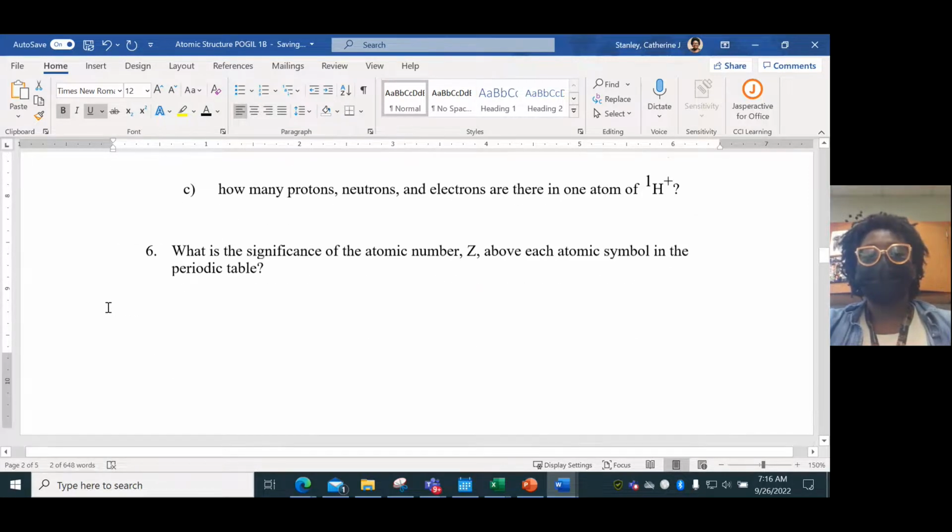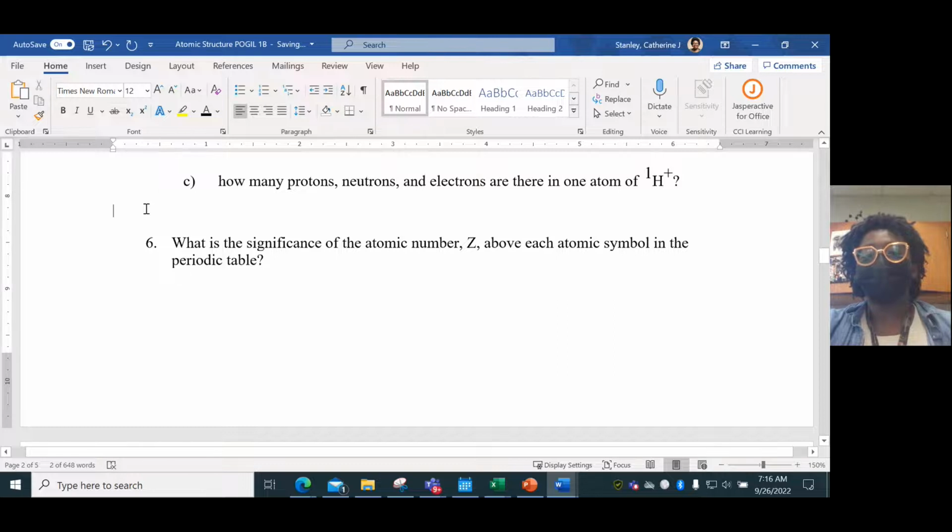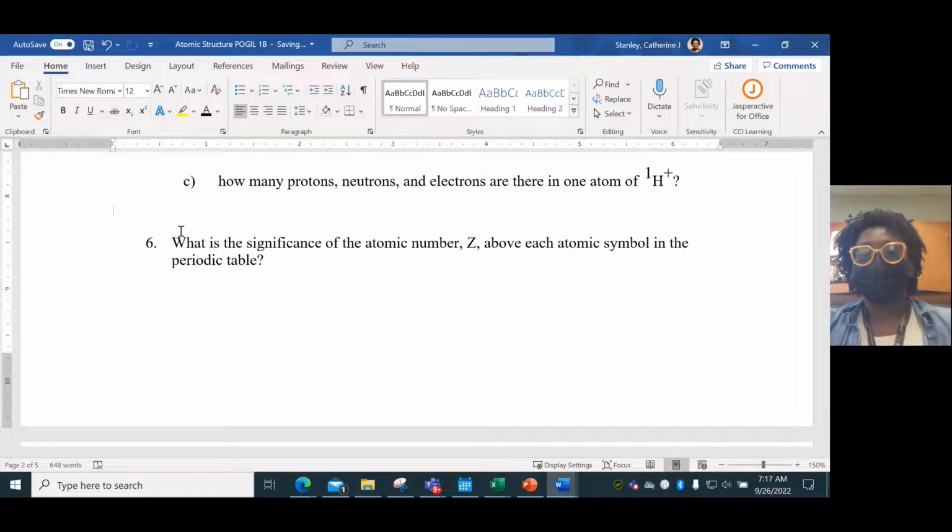All right, next. How many protons, neutrons, and electrons are there in that one atom of 1H plus? I heard 2 different answers. The part of the answers I liked, 1 proton for sure. How many neutrons? 0 neutrons.